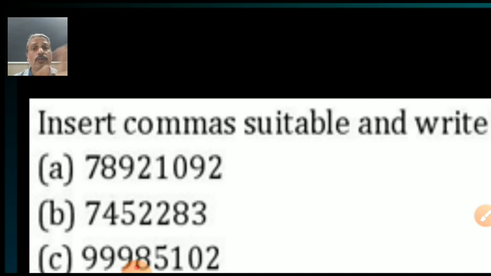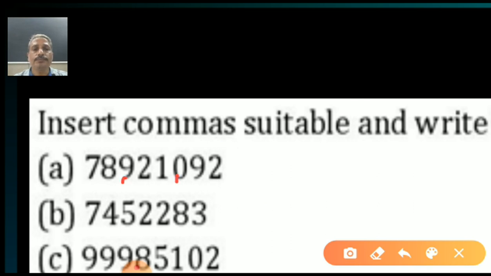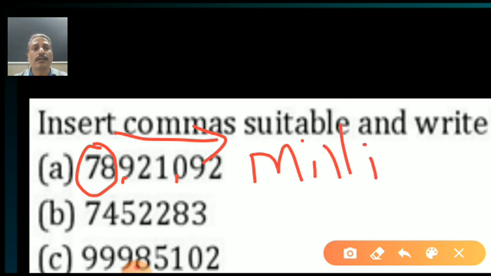Very simple, international, nothing to remember. Just put the three numbers comma. Finished. And whatever the number is written here, after 6 numbers are there, that means a million. Million means 10 lakh. So what the number are here in our example A? 78 million.